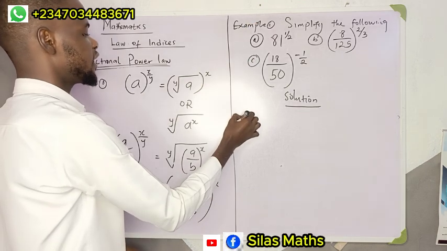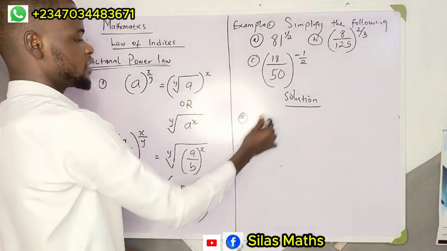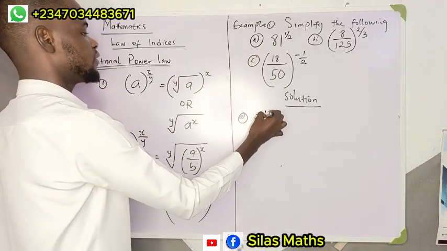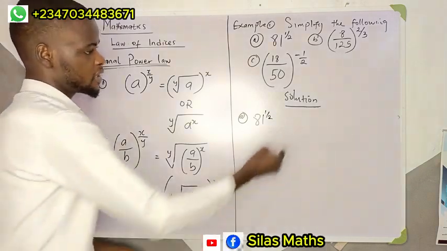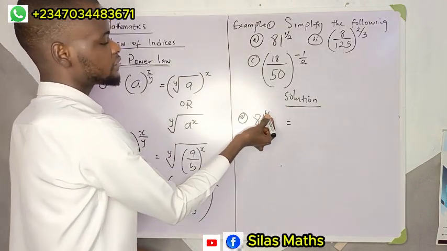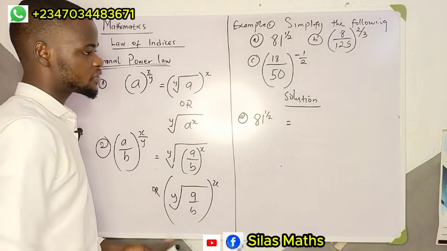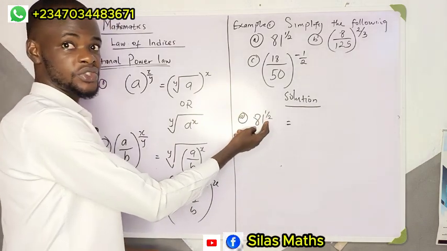So to solve for A, we have 81 raised to the power of half. The power of this fraction is 1 over 2; the numerator is 1, while the denominator is 2.